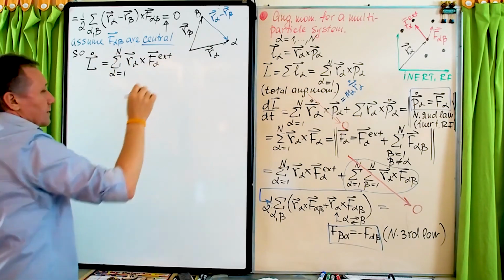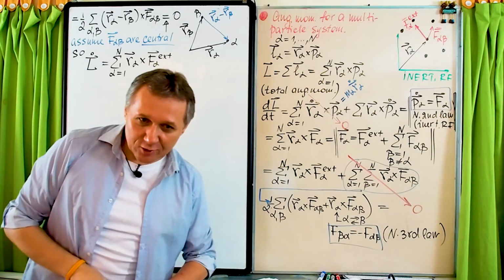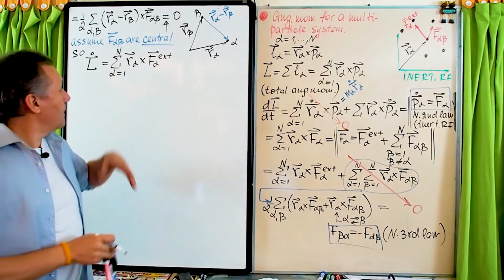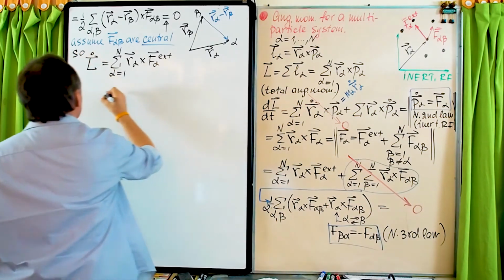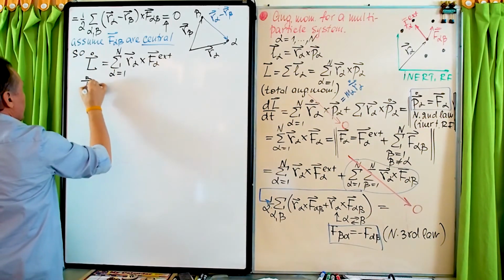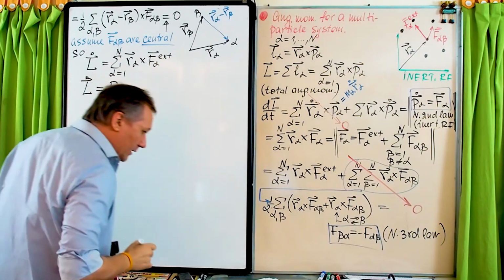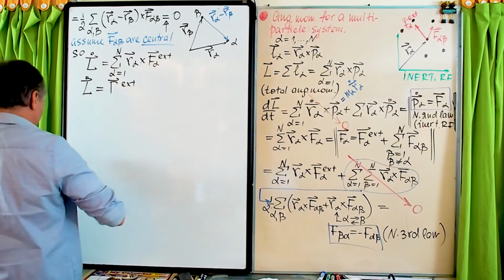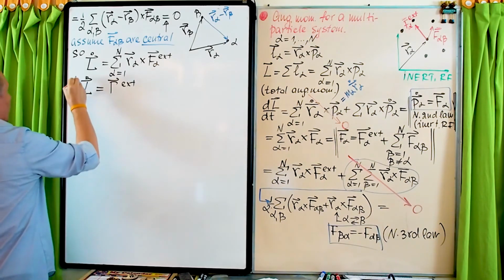So basically, that is the net external torque acting on the whole system. So L dot equals gamma upper script external, right?